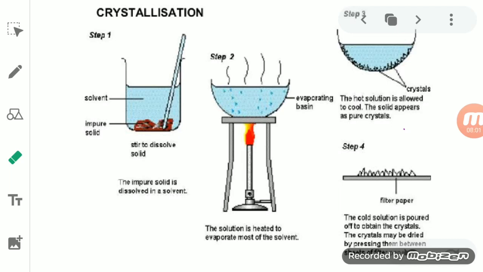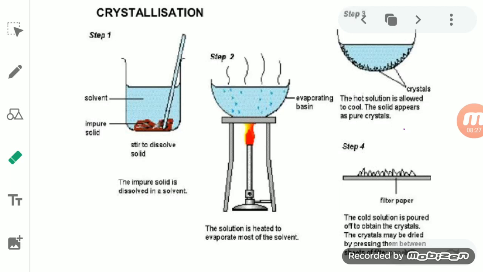After this we obtain crystals in pure form, and that's why we can say it helps in separating two components which are mixed together. So it is used for obtaining a pure solid substance from an impure sample.